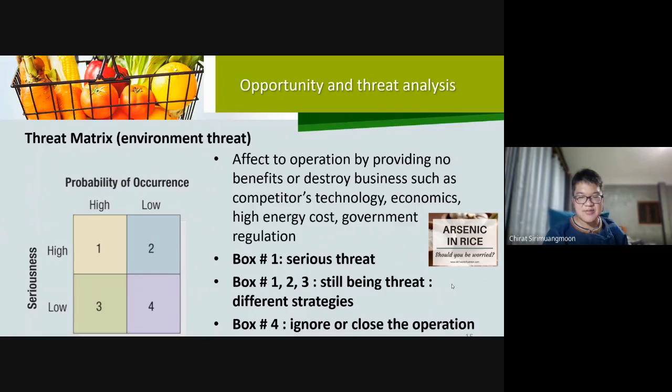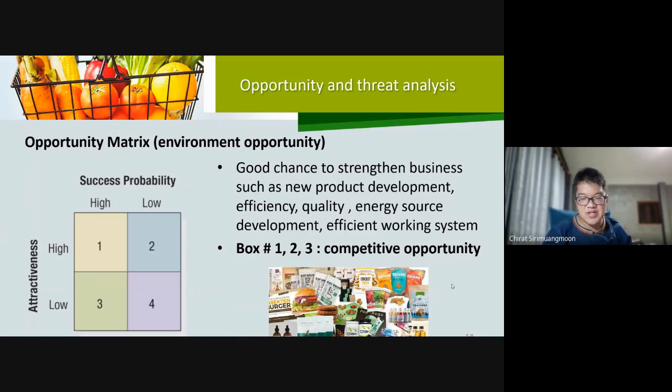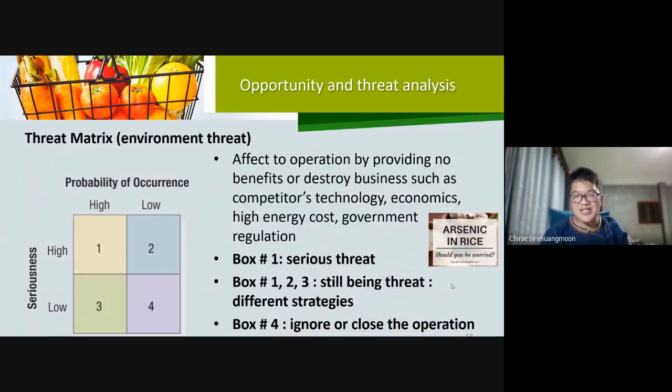How about the threats? Threat is concerned with probability of occurrence, the same as opportunity. But in this case, it is the probability of happening and also the seriousness. Why do we need to be concerned? Because it affects the operations, sometimes providing no benefit or destroying the business.